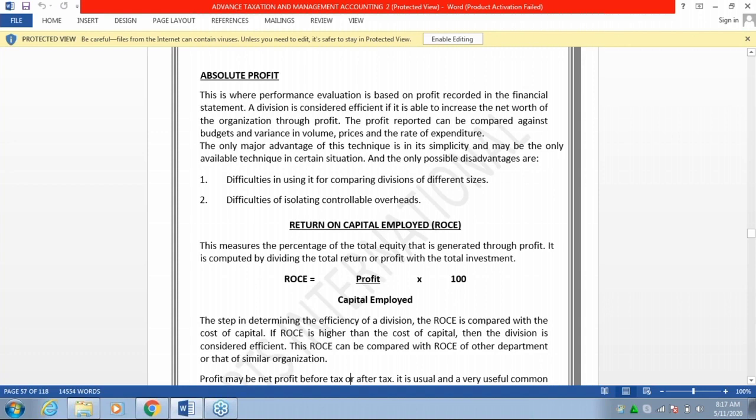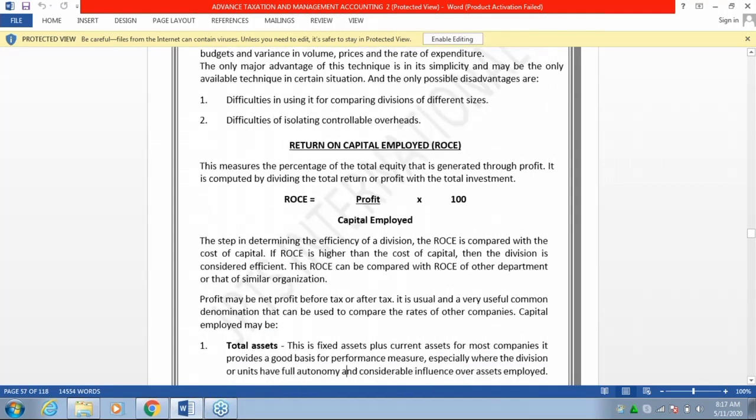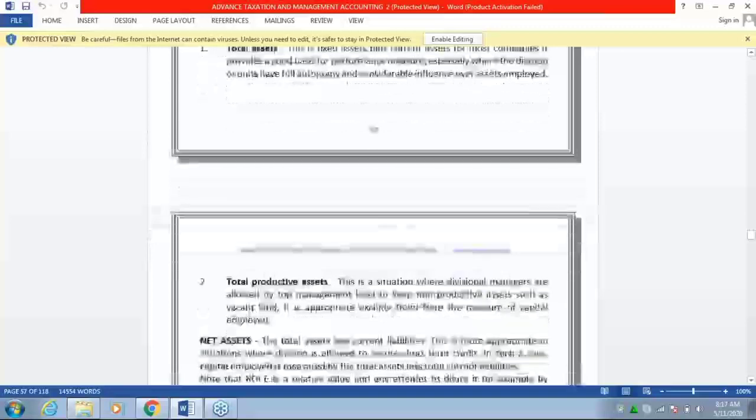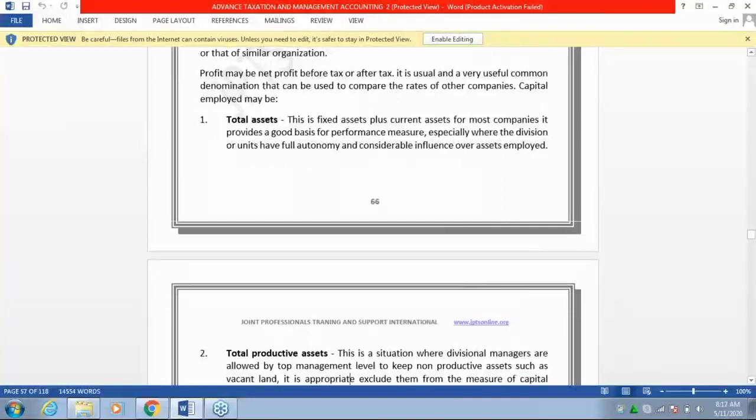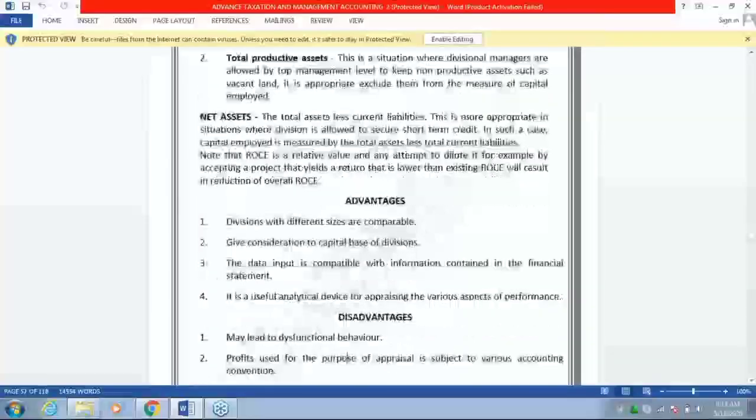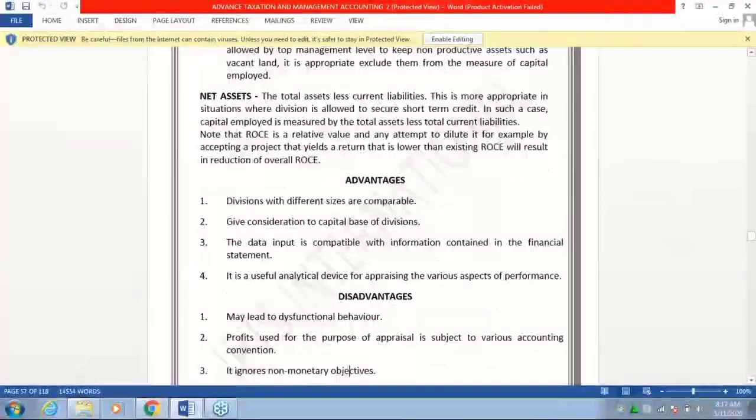So ROCE can be determined by dividing profit by capital employed, multiplied by 100%. So that is that. Then we have the total assets, the total productive assets, the net assets, among others. So what are the advantages of this?